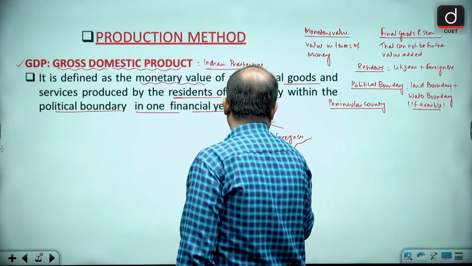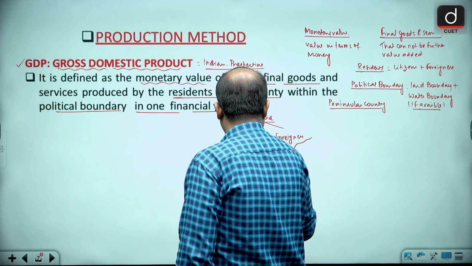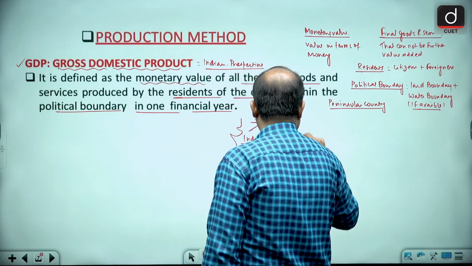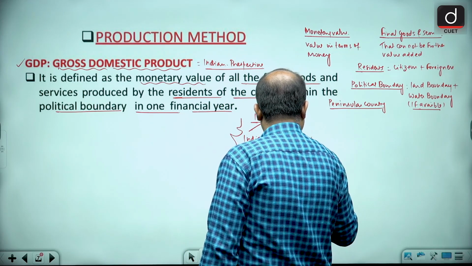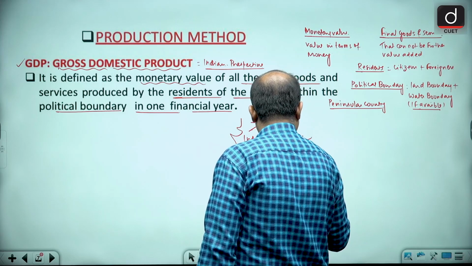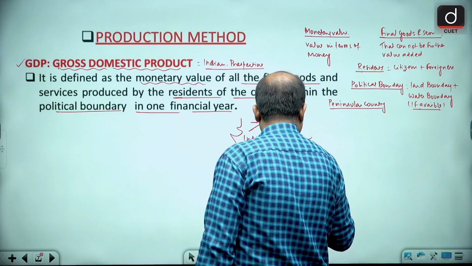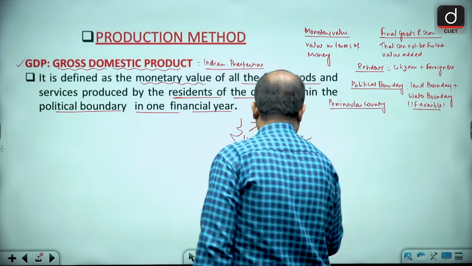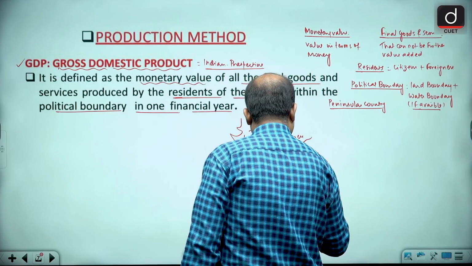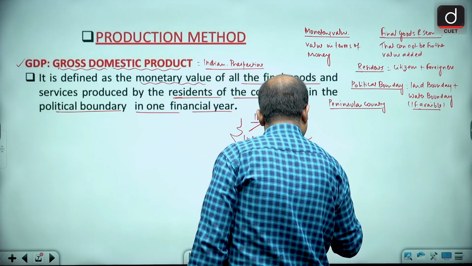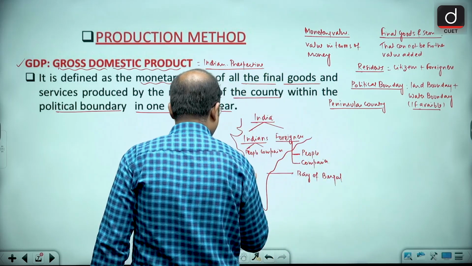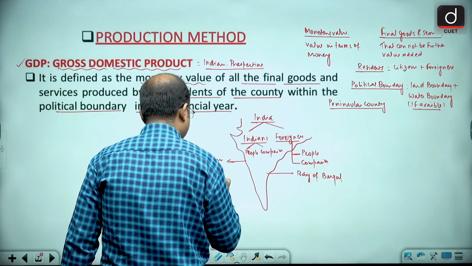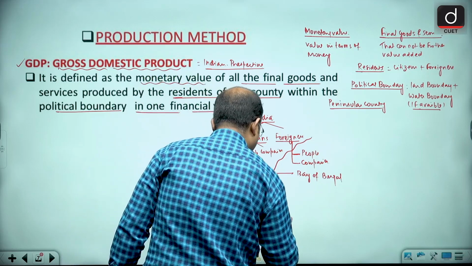Indians means the people plus companies. Foreigners means people plus foreign companies. Here we have the Bay of Bengal, here the Arabian Sea, and here the Indian Ocean.